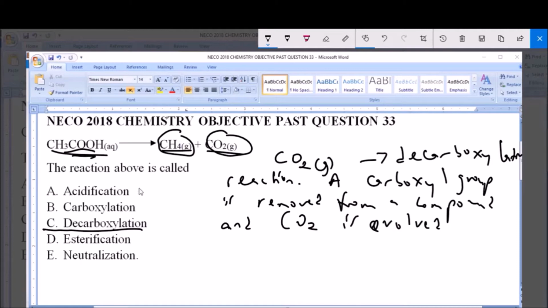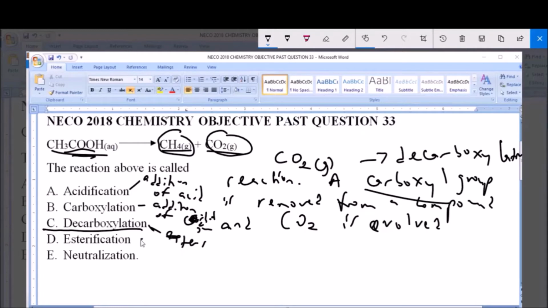Now for clarity, acidification involves addition of an acid to a compound. Carboxylation involves addition of a CO2 group or carboxyl group. Decarboxylation involves removal of a carboxyl group. Esterification is when esters are formed.